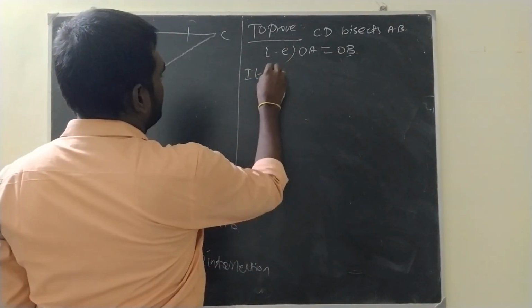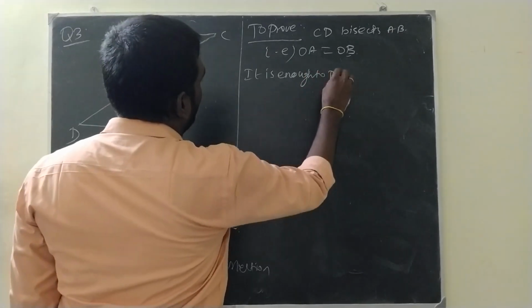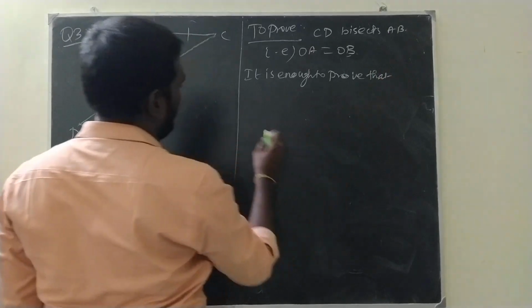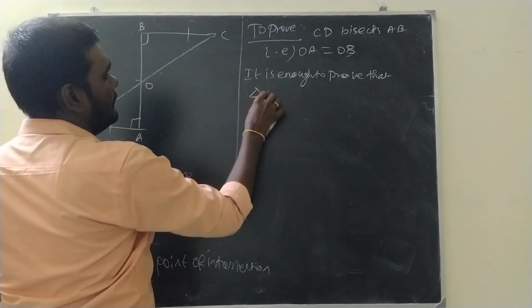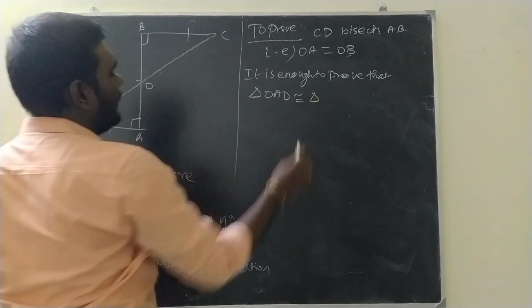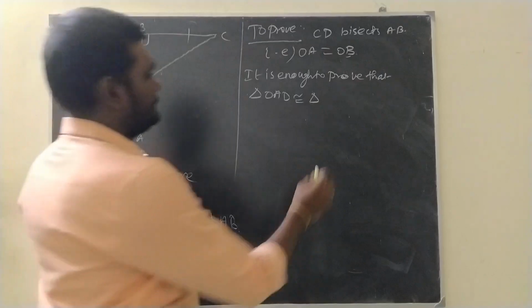So it is enough to prove that triangle OAD is congruent to triangle OBC.